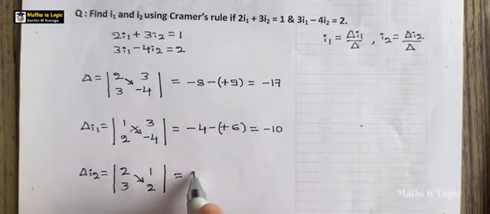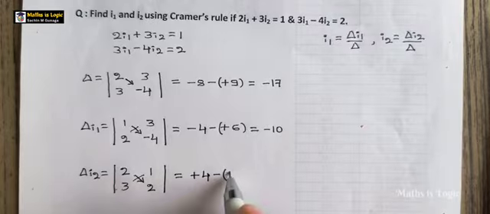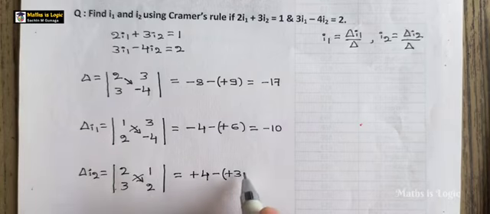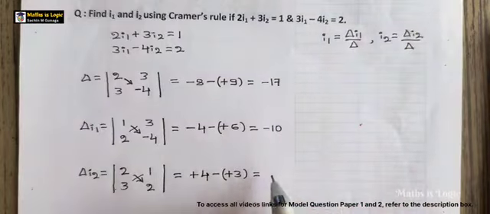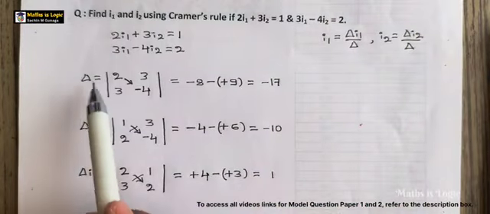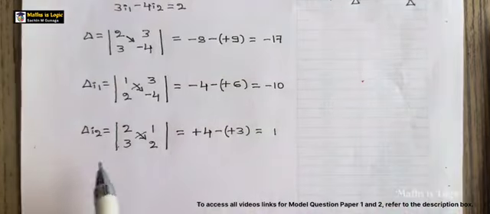Plus into plus is plus, 2 into 2, 4, middle minus sign, plus into plus is plus, 3 into 1 is 3. So here you will get 1, otherwise use the calculator. Plus 4 minus of plus 3, 1. So write 1. Once we get delta I1 and delta I2, next find out I1 value.